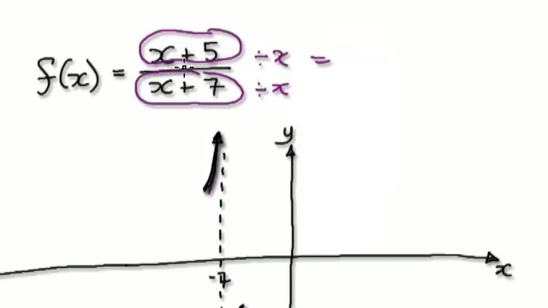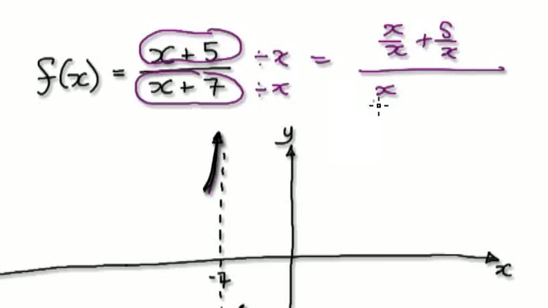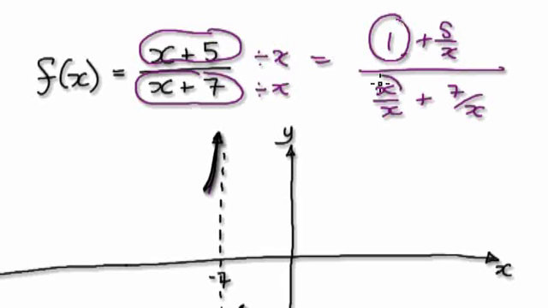So you will have this. This thing then becomes x over x plus 5 over x, over x over x plus 7 over x here. This thing here is 1. This thing here is also 1. And then if you think about it, as x tends to infinity, the denominator will be very big.